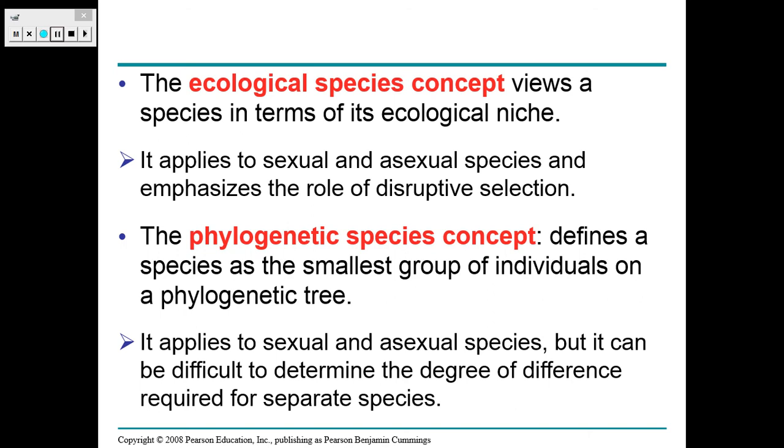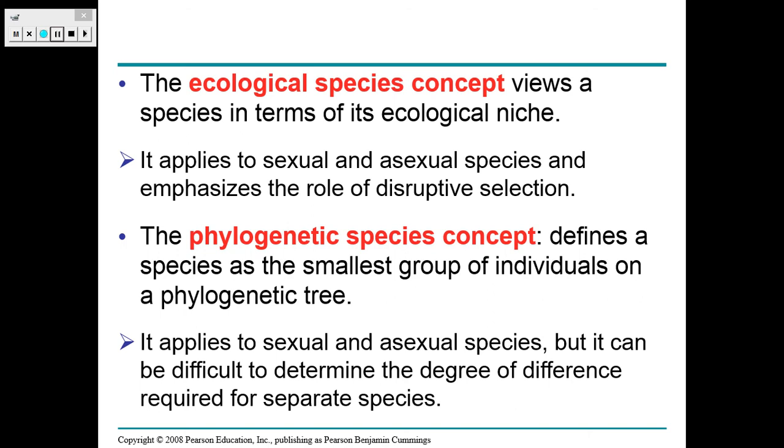It also takes into account adaptations, which is good, because if we have one population in an area and now there's disruptive selection, the adaptations are leaning the evolution towards one end of the phenotypic variations and then towards the other end. And so now we have two species forming as a result of that disruptive selection. That's great because it takes into account adaptation.